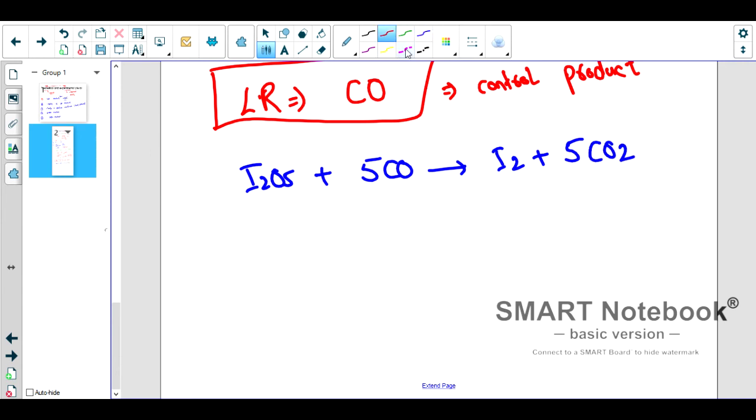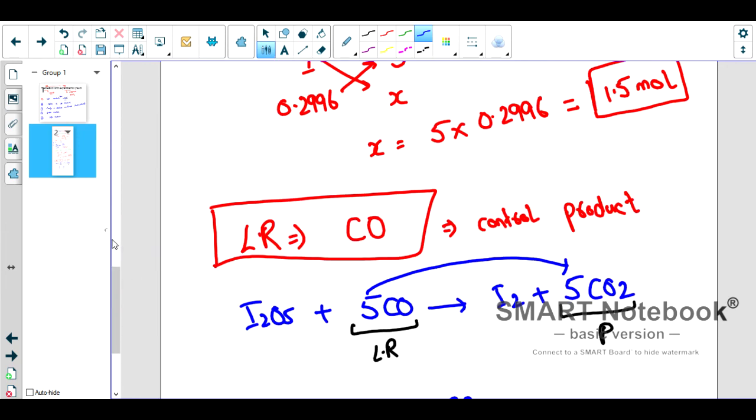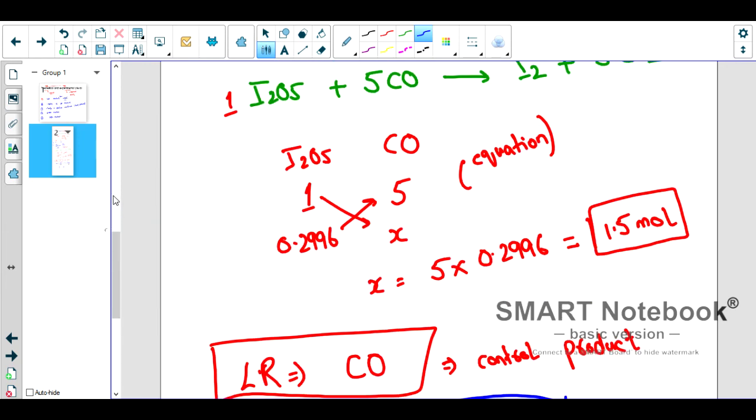Now we know that this is our limiting reactant. This is the one which will control the amount of product, and this is our desired product which is given to us in the question. So let's see. We have CO and we have CO2. We can see that 5 moles of CO is giving us 5 moles of CO2. So how much CO we have in our stock?